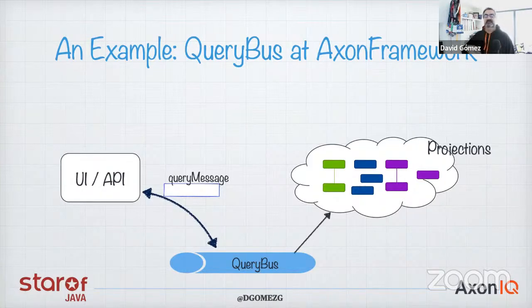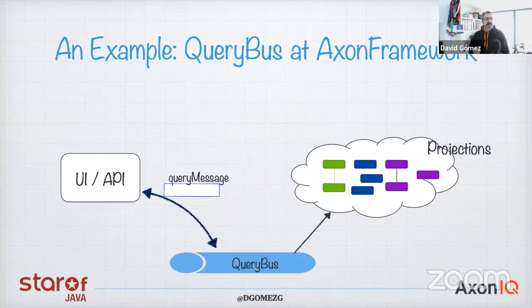For that, Axon Framework and Axon Server define a query bus and handle for you all the details of creating the query message, putting that query message on a query bus, and that query bus sending it to a handler that is going to retrieve the information and return the results back to the controller. And those could be different modules running in different microservices on different machines.